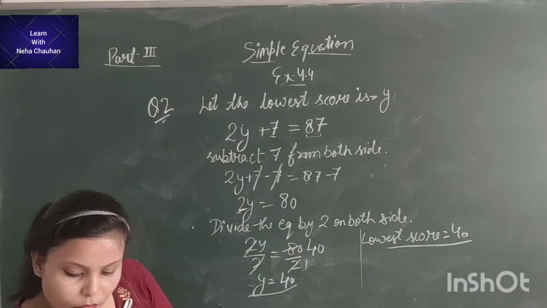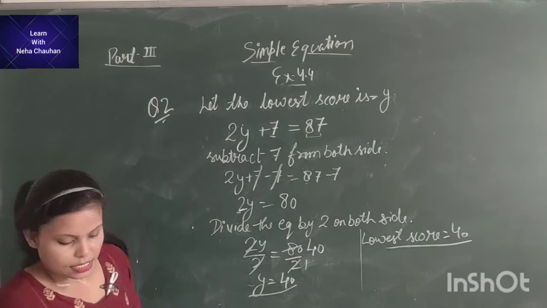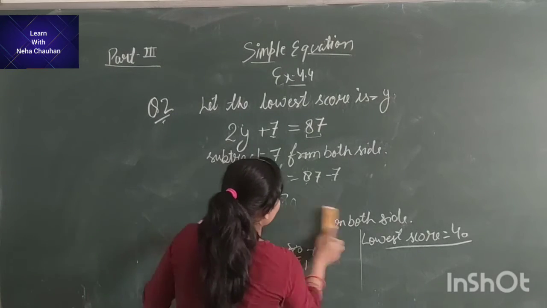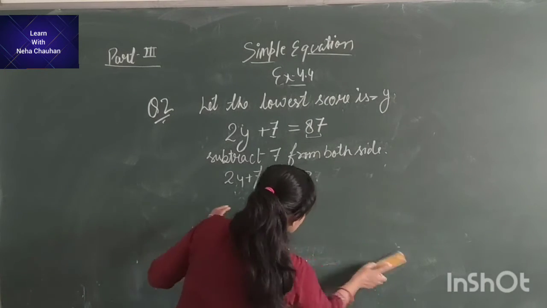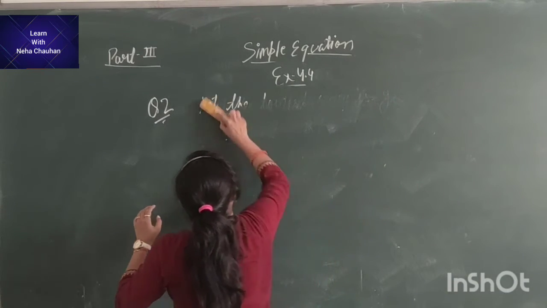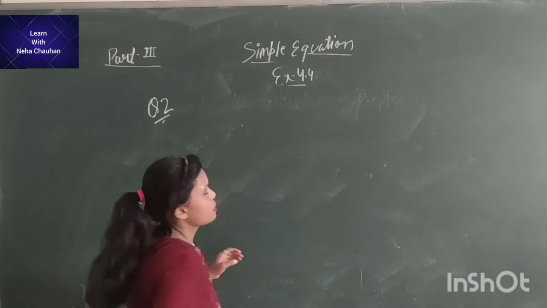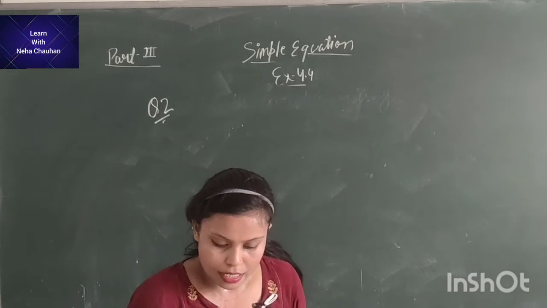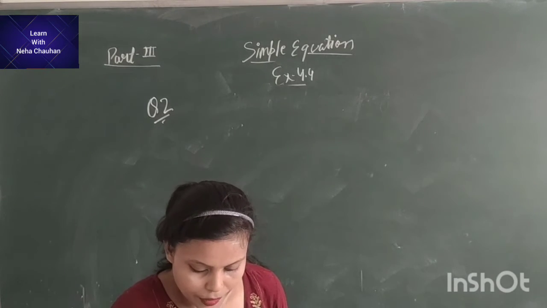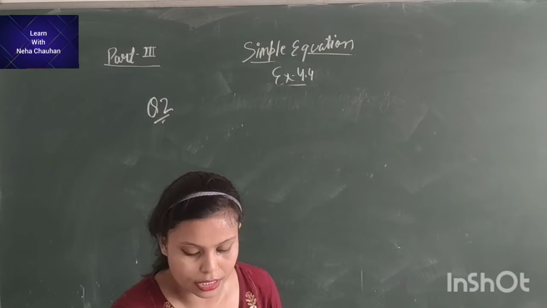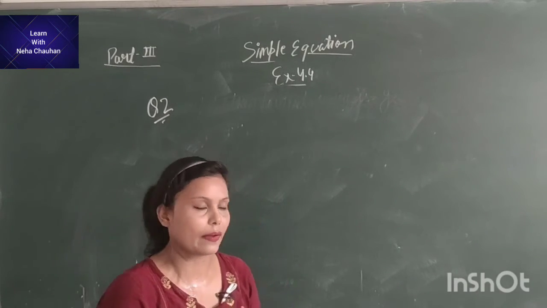Alright. Let's do the second part of it. I am just helping you in forming the equation, and the rest of the solution you will do on your own. The second question says, in an isosceles triangle the base angles are equal, and the vertex angle is 40 degrees. What are the base angles of the triangle?